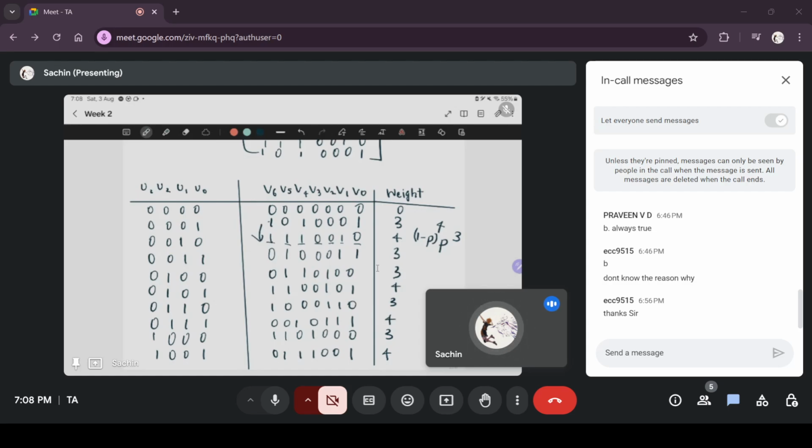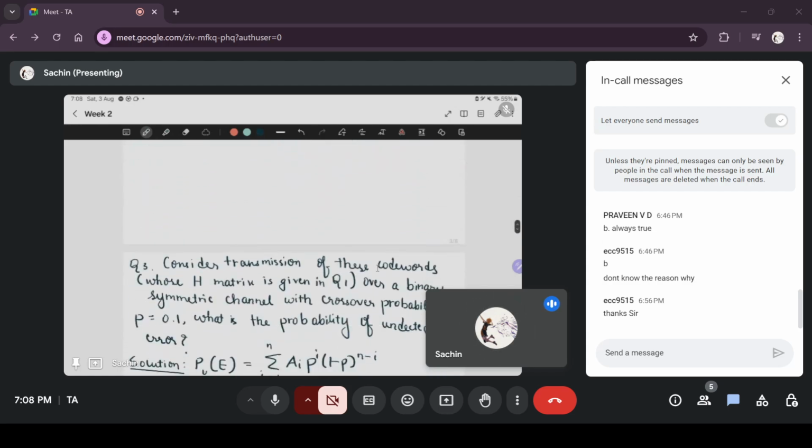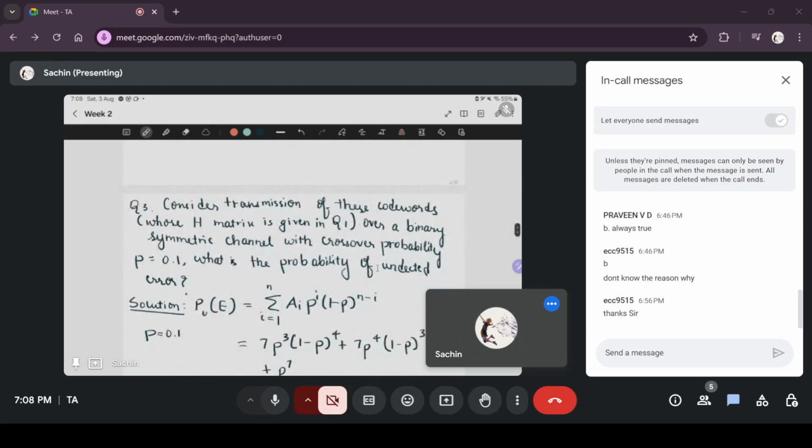Now the Hamming distance between 0 and any other code word is simply the Hamming weight of that code word. So that's why this formula is actually very simple. So you can make use of i, which is the Hamming weight, and the weight distribution, A i.